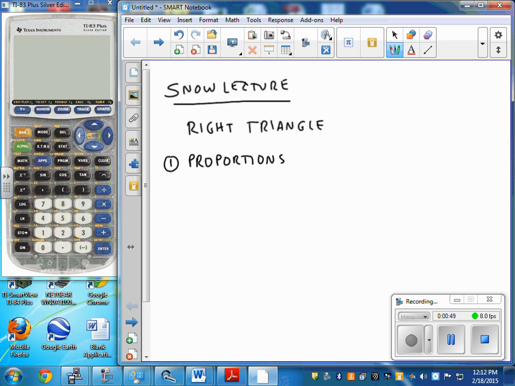The whole idea of the geometric mean: if we had a sketch of a right triangle and we drew an altitude, this altitude is the geometric mean between these two pieces of the hypotenuse.